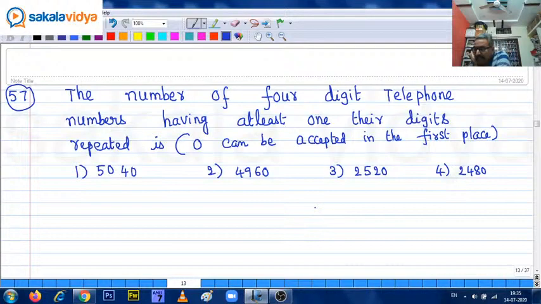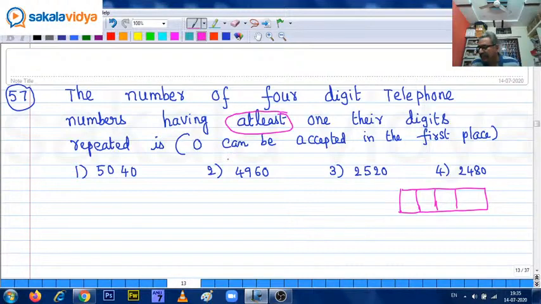That means even 0 may be accepted in the first place. In general, if you put 0 first, that cannot be a 4-digit number, but here that can be accepted. Here the 4-digit telephone numbers need to be formed. At least means total number of arrangements with repetition minus total number of arrangements without repetition.